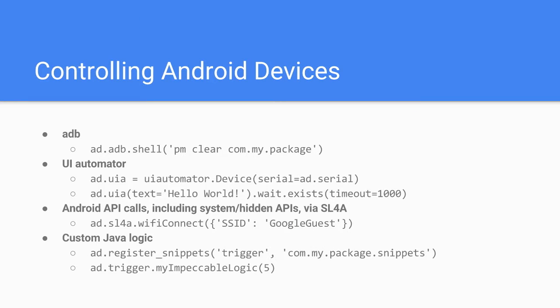In Android, there are many ways to control an Android device. Obviously you have ADB, that's the basic. Then you have the UI Automator. We're using the UI Automator open source project here. Most people stop here, but it's certainly not enough for Google to be able to test our platform.